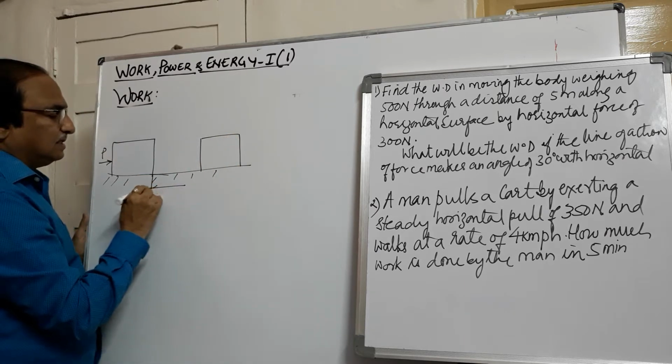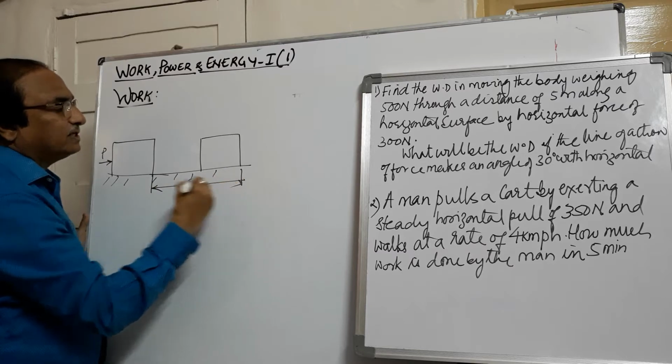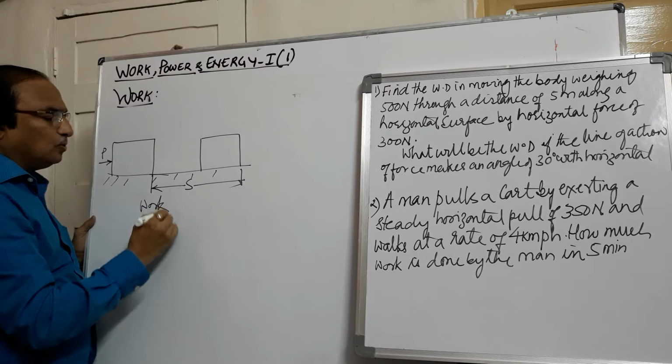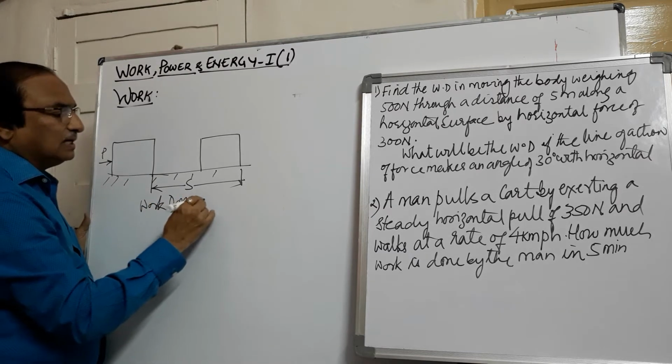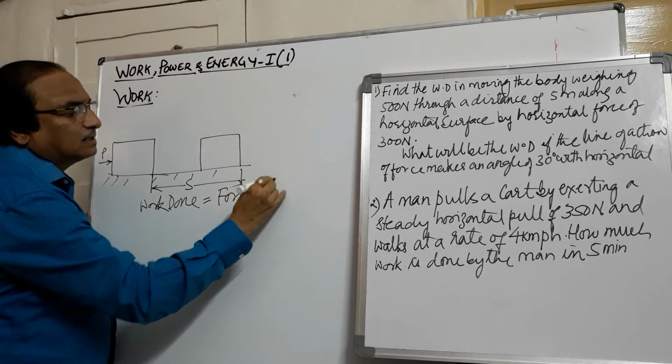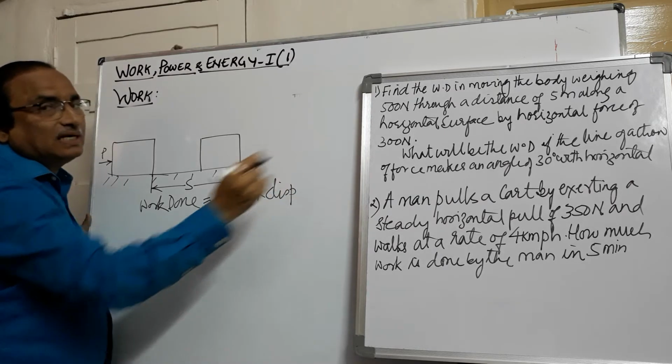If this distance it is traveling is s, we say this force is doing work, and this work that the force will be doing, we call it the work done. This is nothing but the product of force and the distance or the displacement that is taking place.